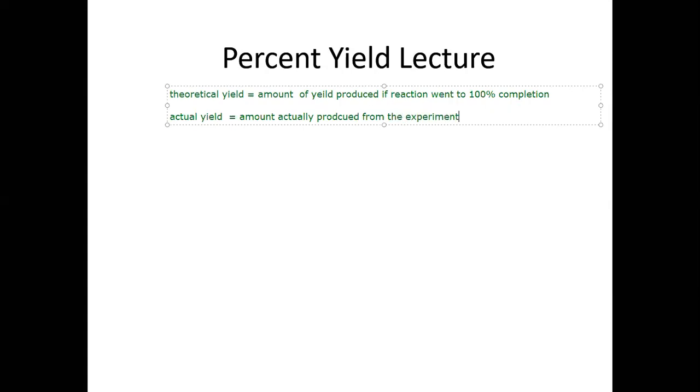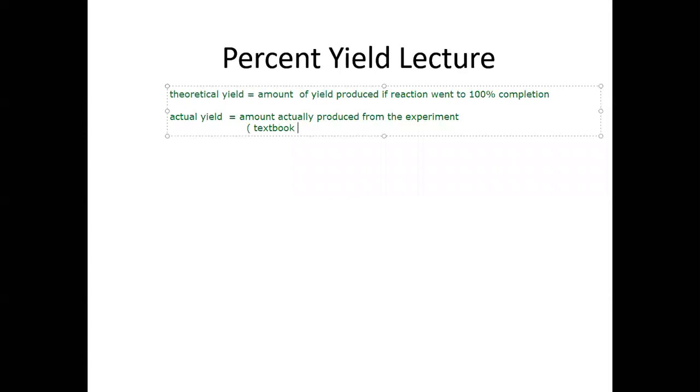So if you go into the lab and perform the experiment, theoretical yield tells you how much you should get. Actual yield tells you how much you actually get.